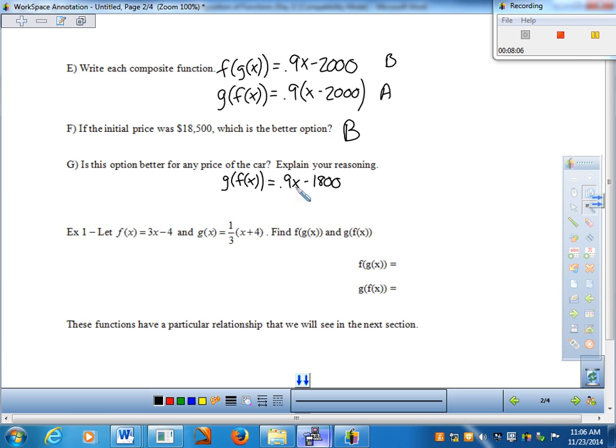The other one is really just 0.9x minus 1,800. So obviously I'm subtracting more in option B than I am in option A. And so is this option better for any price of the car? Yeah, it is. And again, you're more than welcome to write that out in some way there. I don't want to belabor the point on it.